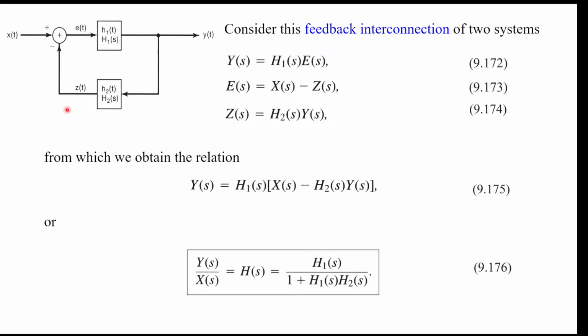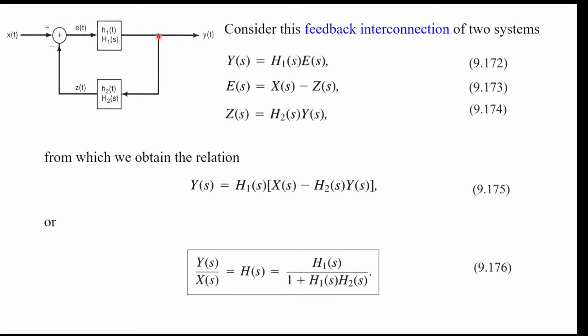Okay, so we have a feedback network with some big H1 and big H2. Then we can think about how this feedback interconnection gives you the total big H. We basically need to list out the equation at each point. At this point, big Y is the output of this block.